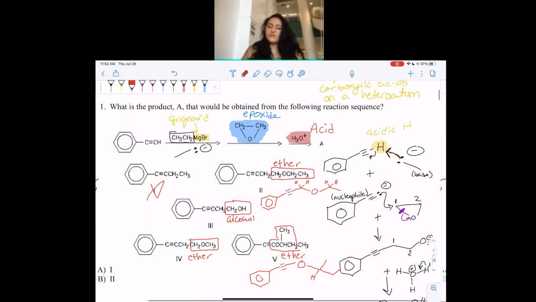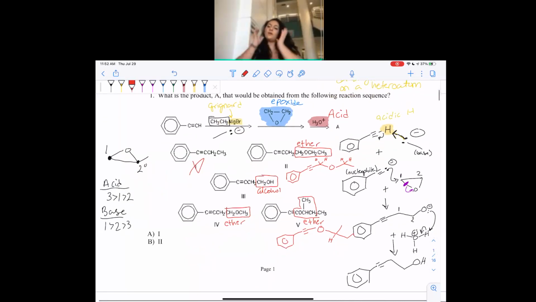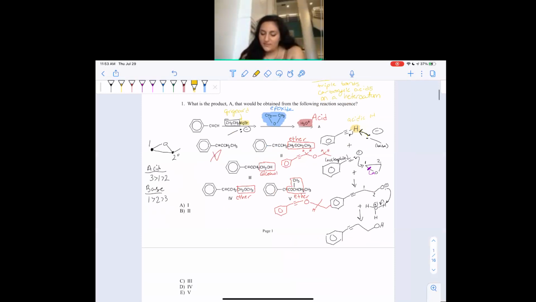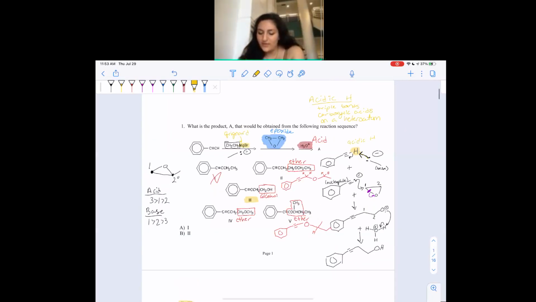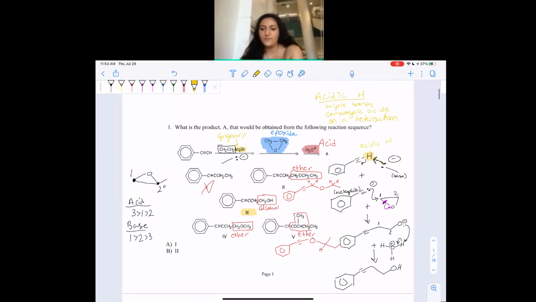So which one of these answers is the only one that has the correct functional group? 3, exactly. So our answer would be C, and I'll just do it here so you guys don't have to have super tiny writing if you want to screenshot it. So we covered a couple different concepts with this one question.